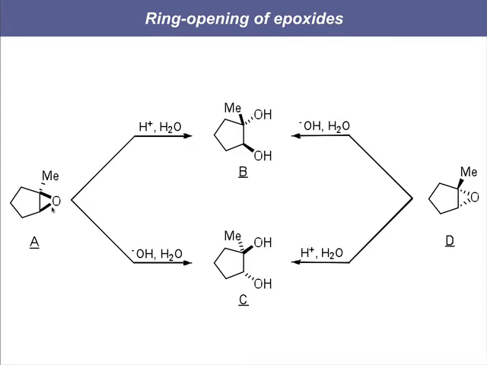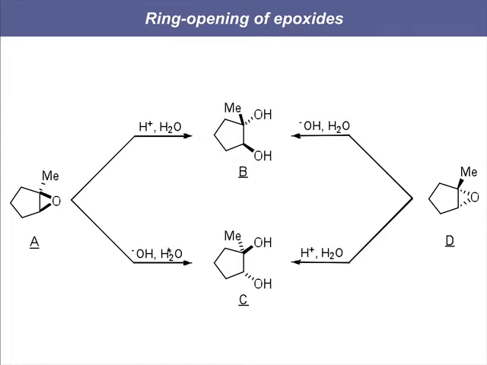A, under acidic conditions, will get attacked from the bottom face. Since the ring is up, it'll attack from the bottom face of the more substituted carbon. So we will be inverting at the methyl carbon, the carbon bearing the methyl group. So that's what we see here. The carbon bearing the methyl group gets inverted.